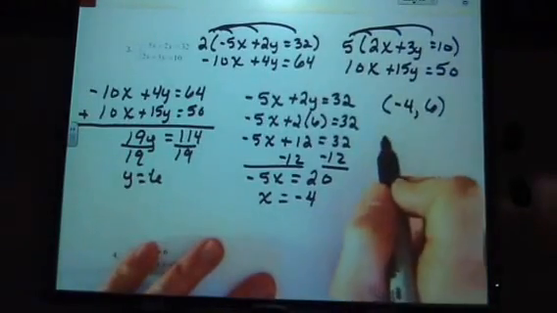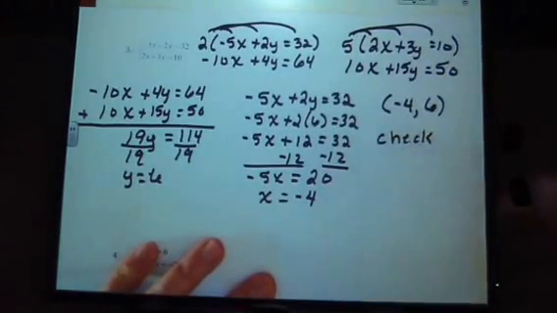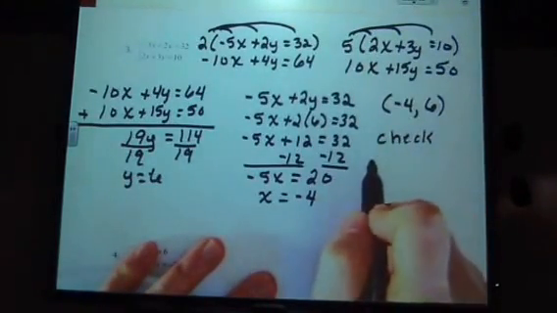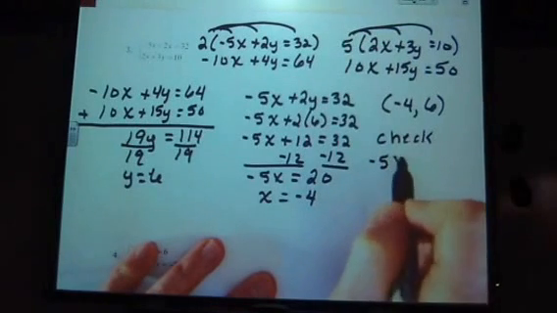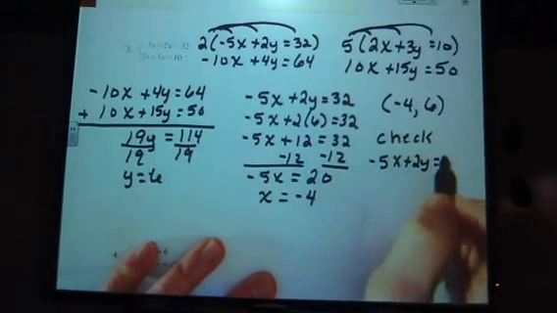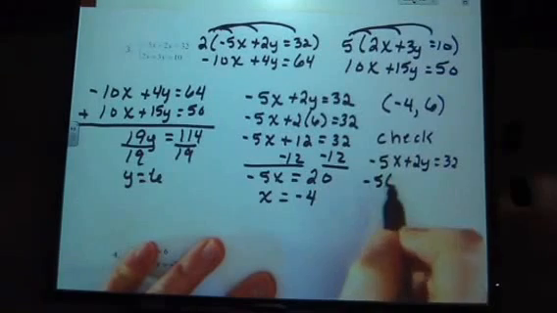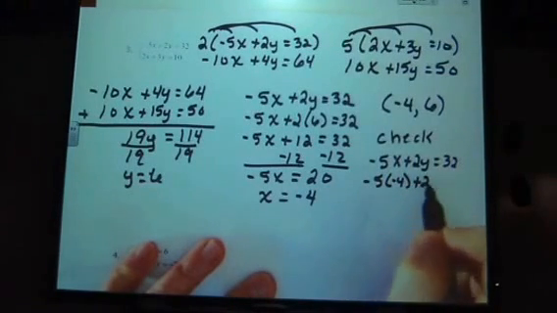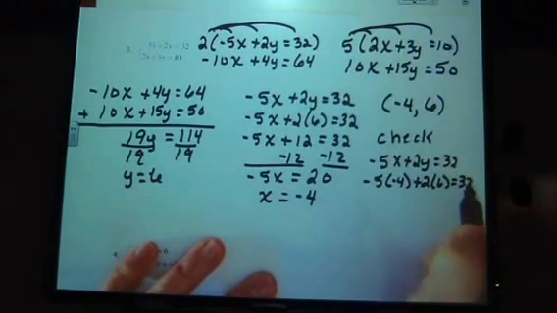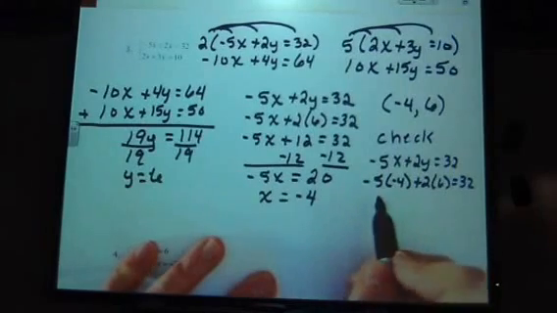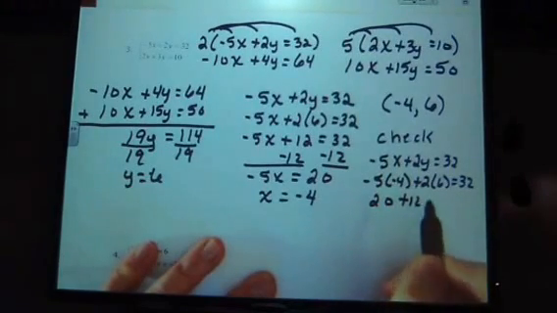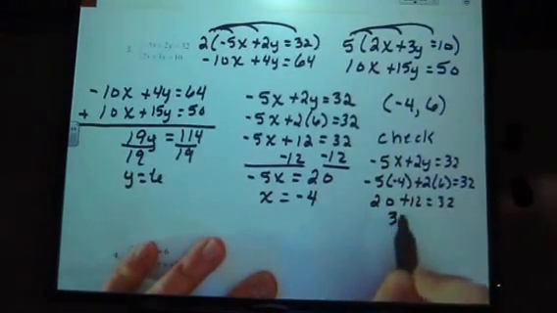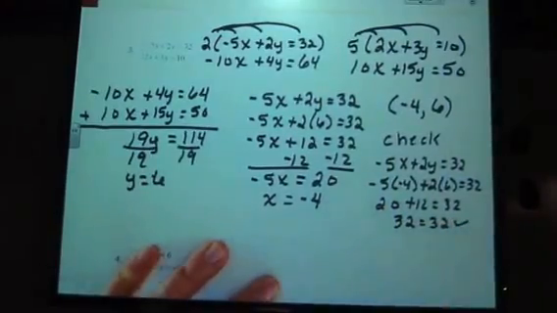All right, let's check it. On the first equation, substitute negative 4 for x, 6 for y, and that one checks.